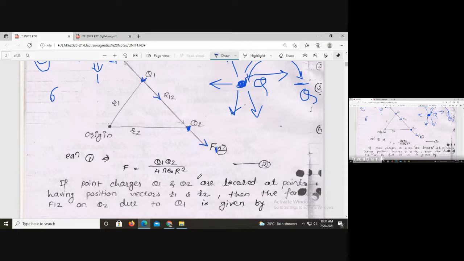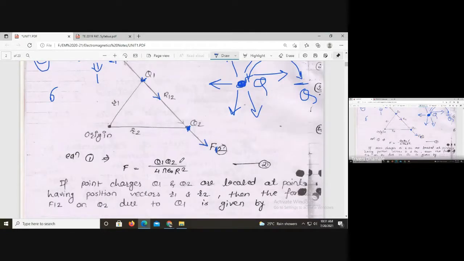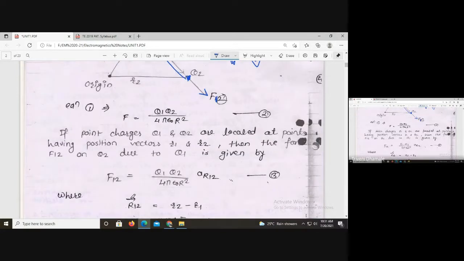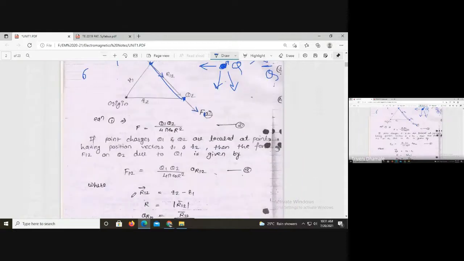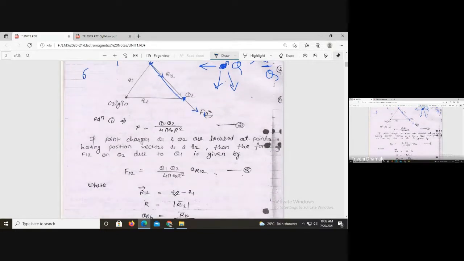this distance vector, we already completed the distance vector topic. How to calculate the distance vector? Suppose the direction of the vector is from this point to this point. So R12 bar, the distance vector, R12 bar is equal to final minus initial, that is Q2 minus Q1. That means R2 minus R1.